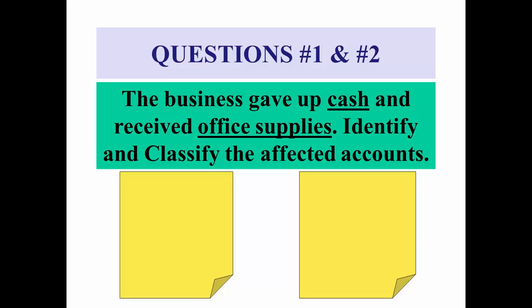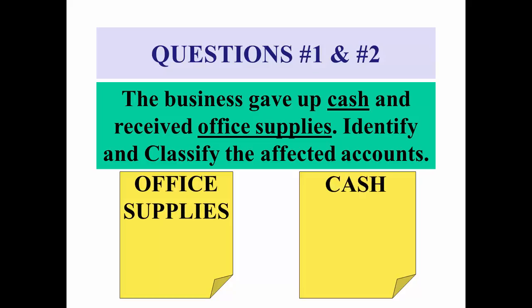For the give up, we gave up cash. We're going to look in the chart of accounts, and yes, there is an account called cash. For office supplies on the receive part, we're going to look up on the account and we're going to see that there's an account called supplies. So we're going to use the office supplies account and the cash account.